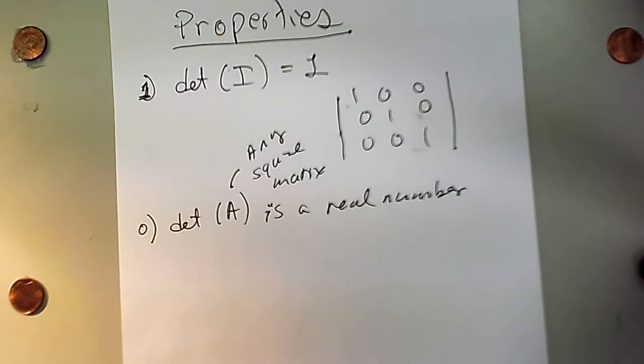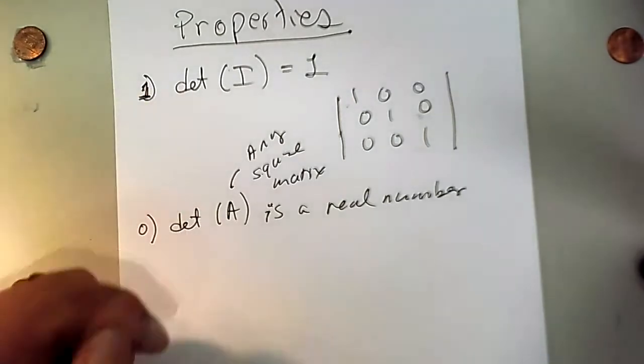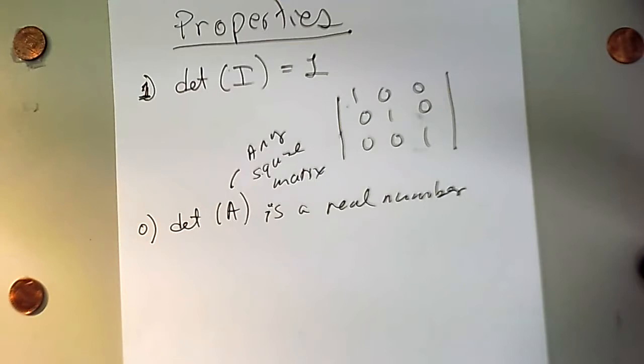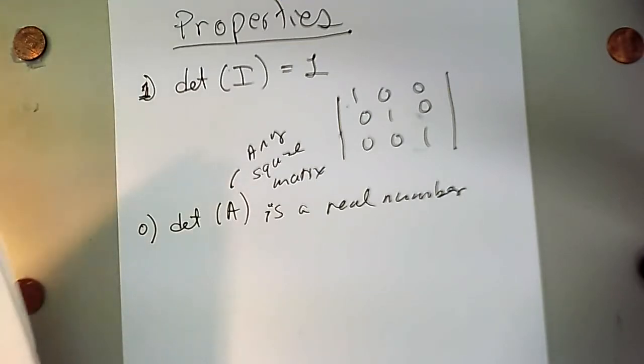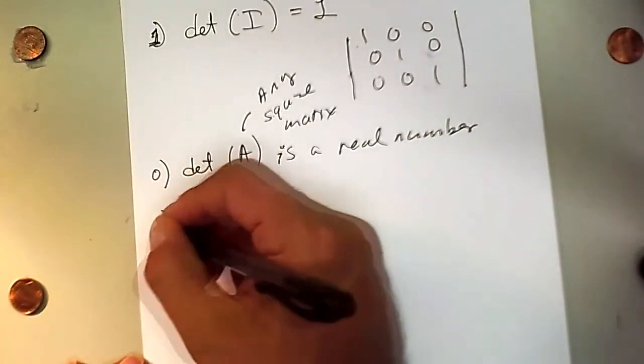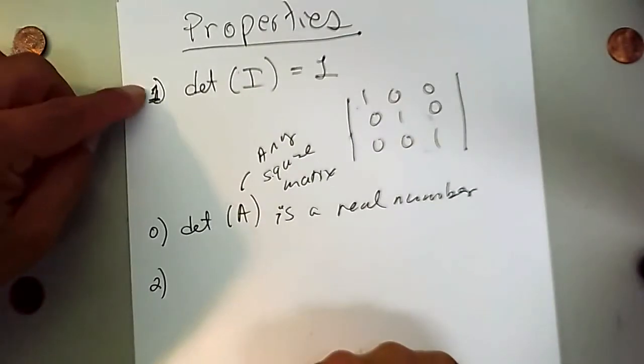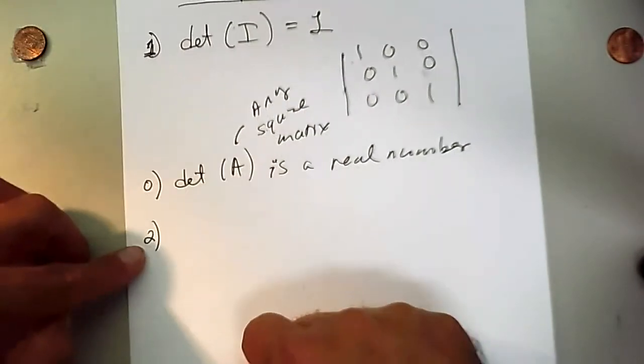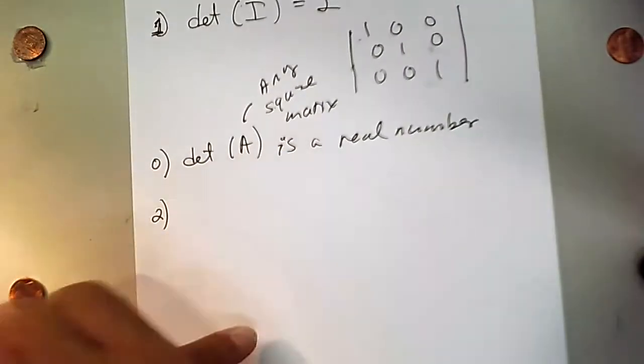And if we have real matrices, then the determinant will be a real number, a single number, such as 27, such as negative 27. Okay. Property number 2. I know this is kind of weird because I did 1 and then I went back to 0 and then 2. But now I'm going to try to go in order.